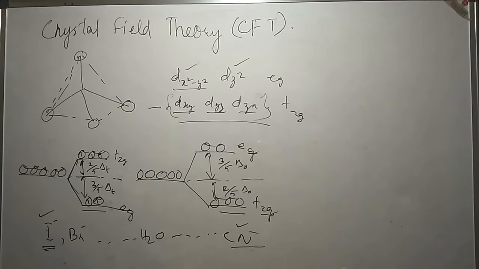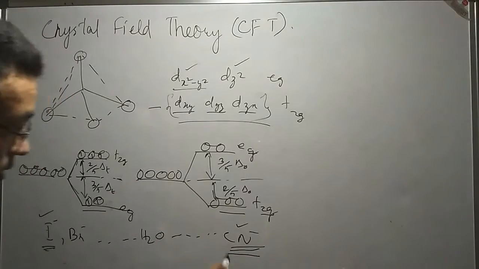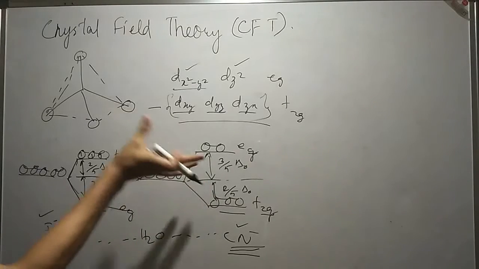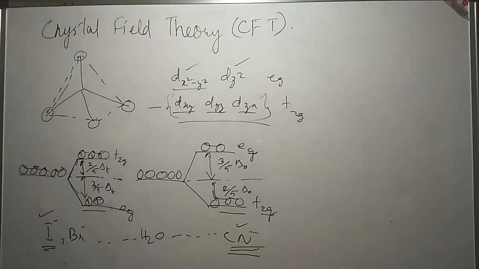So for a strong field ligand, since it splits the d orbital to a much greater extent, it will be low spin. Low spin means less number of unpaired electrons. High spin means more number of unpaired electrons.